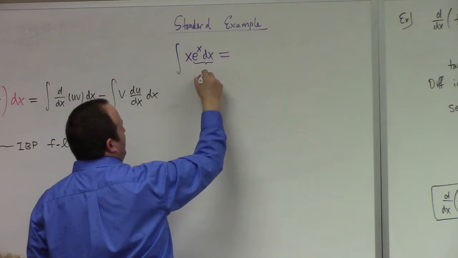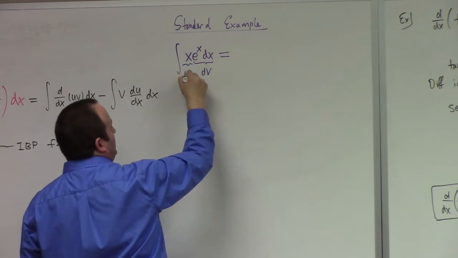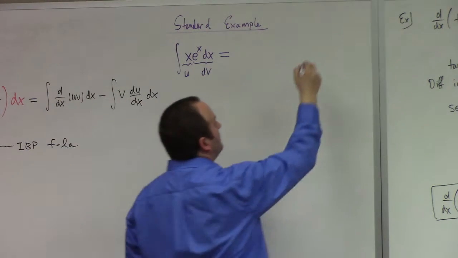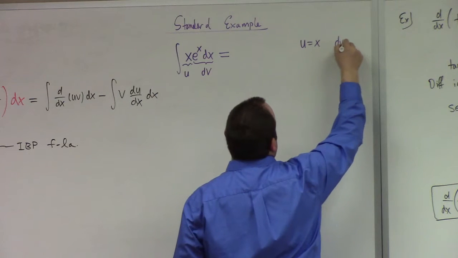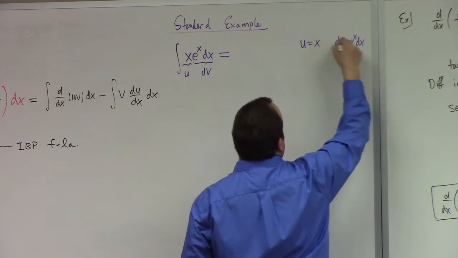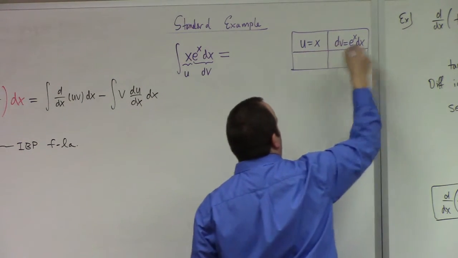This e to the x dx, I'm going to make the dv. And the x, I'm going to make the u. So u equals x, dv is equal to e to the x dx. I draw a little organizing box over here to guide my thinking.